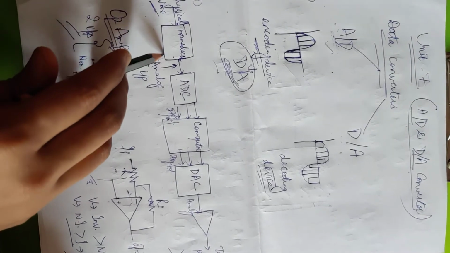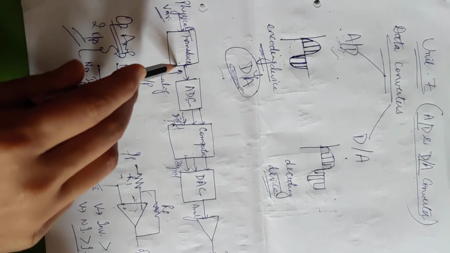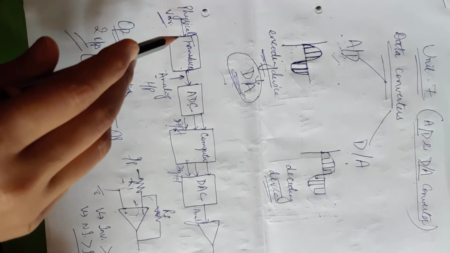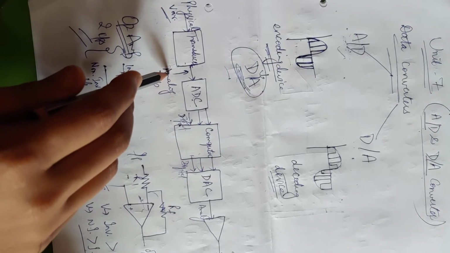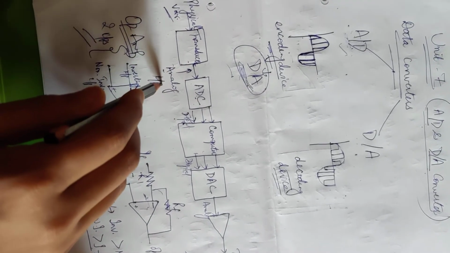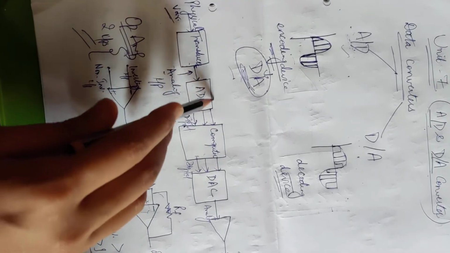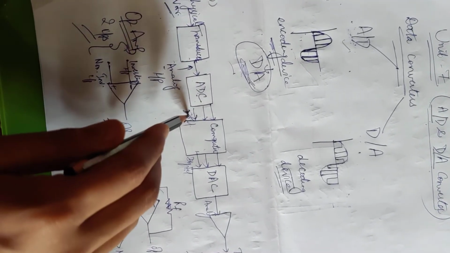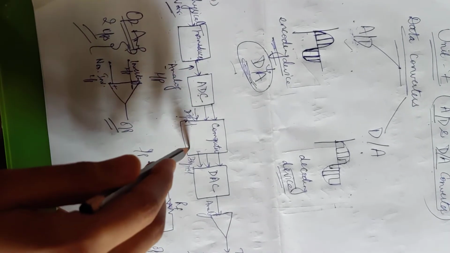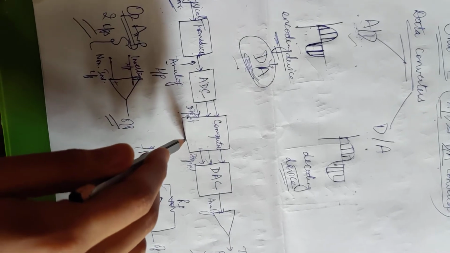We have to convert that physical variable into an analog signal with the help of a transducer, which will convert one form of quantity into another. Then this analog input is given to the analog to digital converter, which converts this analog input into digital, and then the digital inputs are given to the computer for processing.